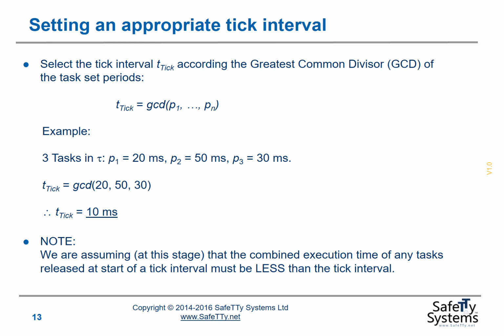But to determine the recommended tick interval, we use the greatest common divisor of the task periods. You don't need to do this manually. For large task sets, it's a bit fiddly. Tools such as Excel have a GCD function that would allow you to do these calculations very simply, should you wish to use that.